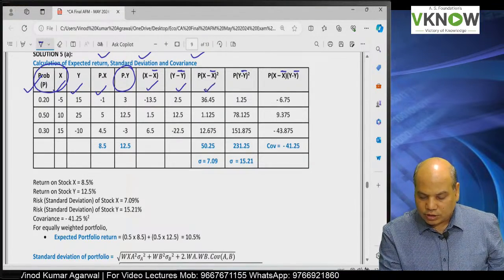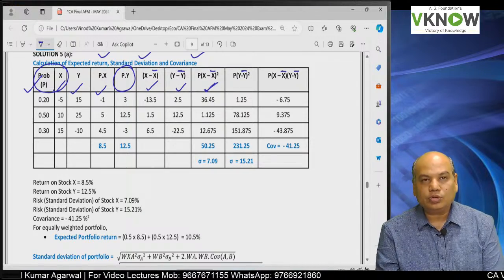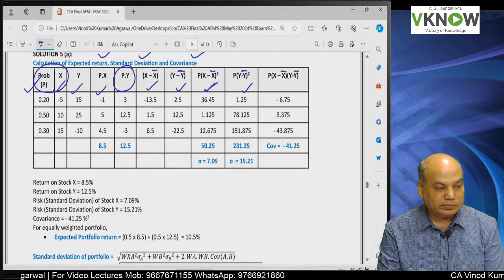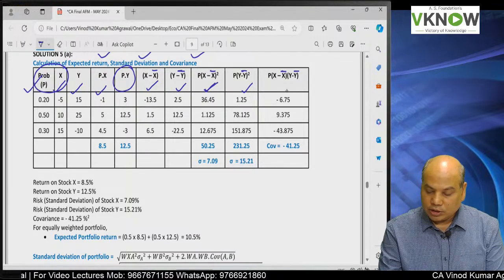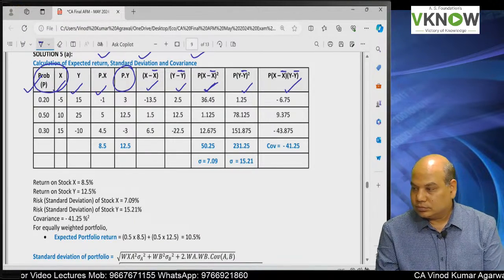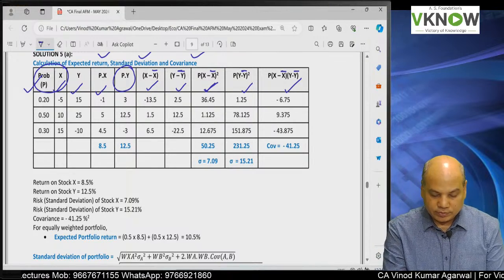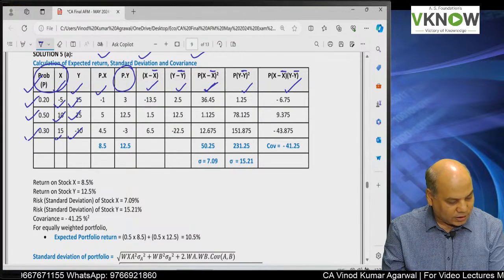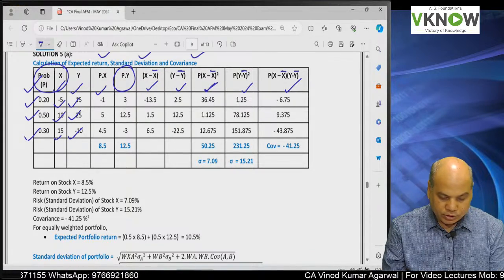In order to calculate standard deviation, we will take P into (X minus X bar) square, P into (Y minus Y bar) square. In order to calculate covariance, we will take P into (X minus X bar) into (Y minus Y bar). First you copy these 3 columns as it is from the question.